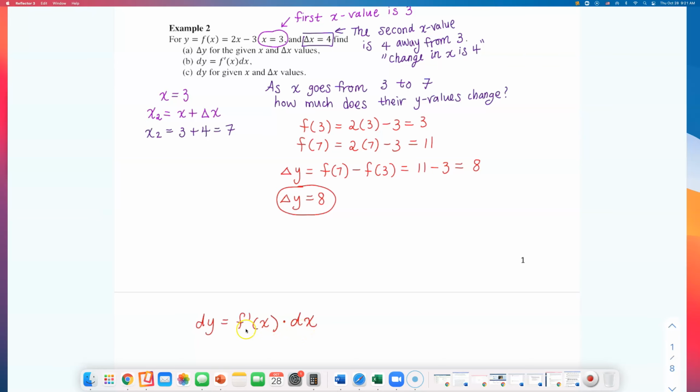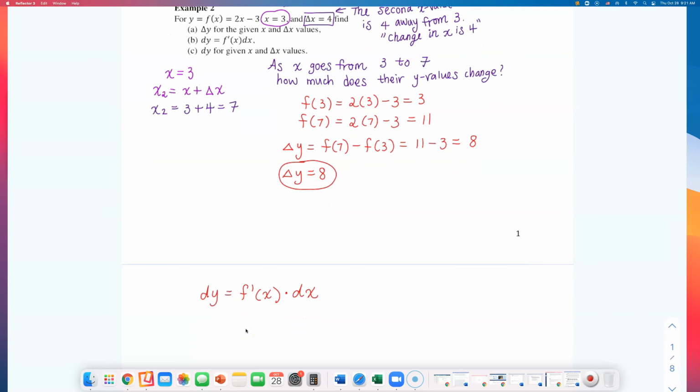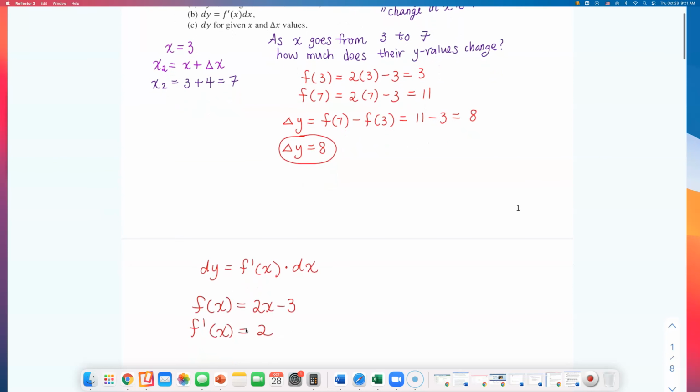So let's find f prime of x first. Remember, they said the function is 2x minus 3, right? So f prime of x is simply just 2. The derivative of 2x minus 3 is just 2.